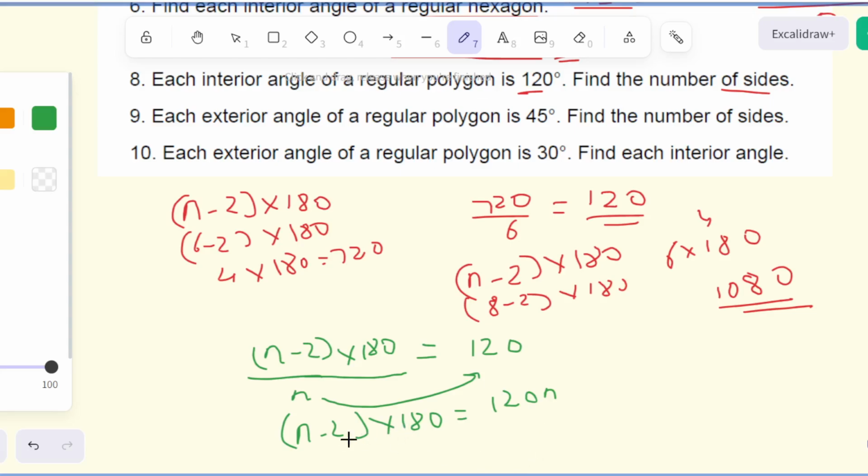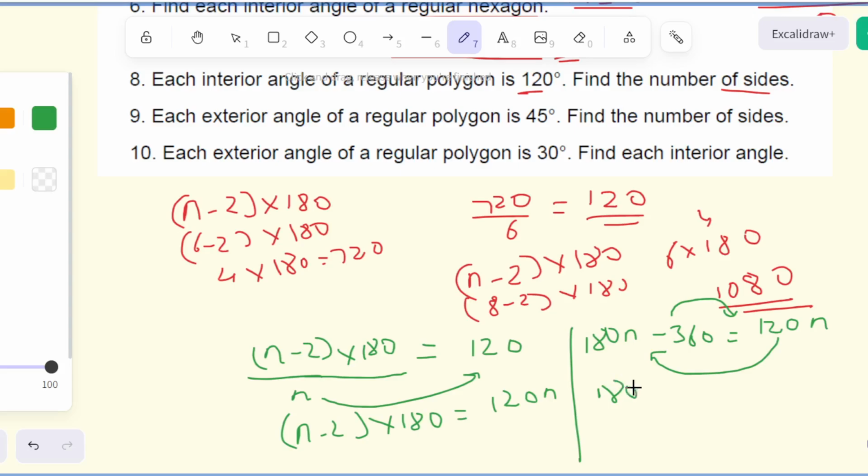Okay. And now you can open up the bracket. If you open up the bracket, what do you get? n times 180 is 180n, and 180 times minus 2 is minus 360, right? Agree? Take 120 to this side, take minus 360 to that side.